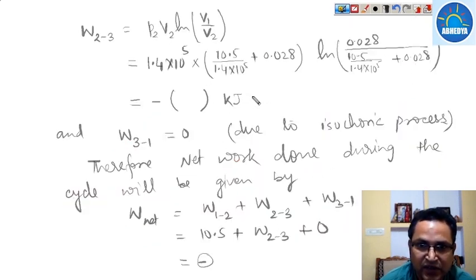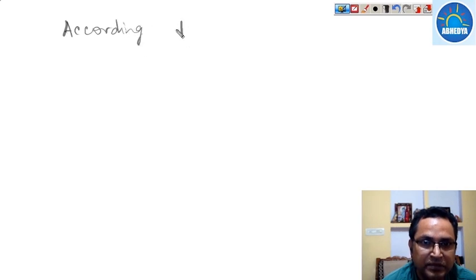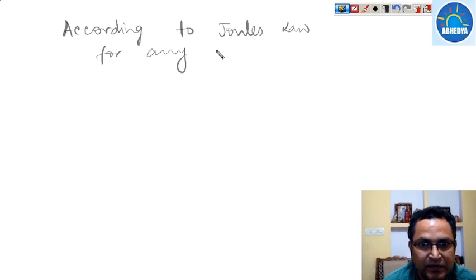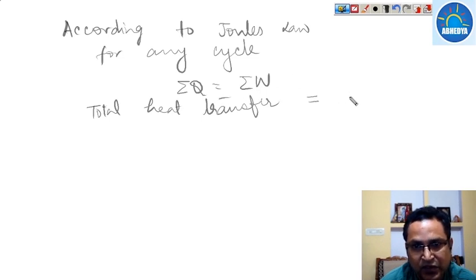Once you calculate this value and put it over here, you will get the negative, and I have told you the reason. And according to Joule's law, for any cycle, summation Q is equal to summation W. So total heat transfer is equal to W net.